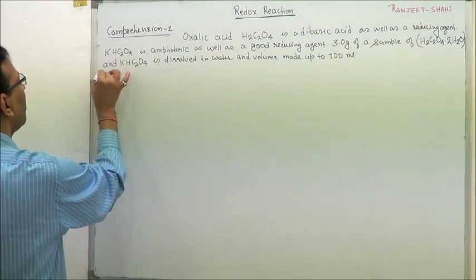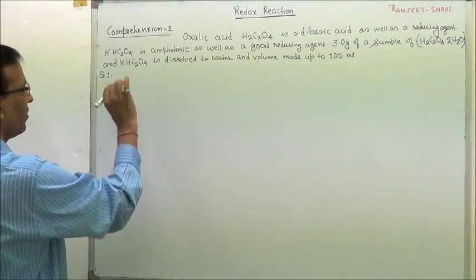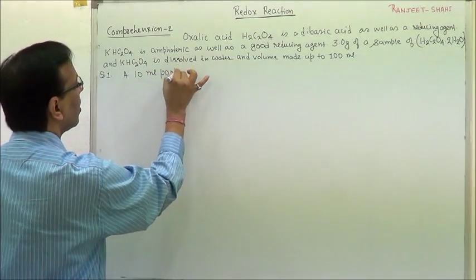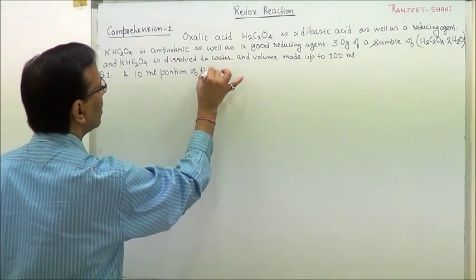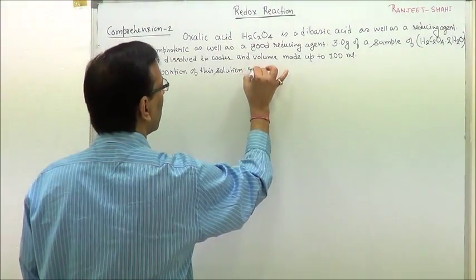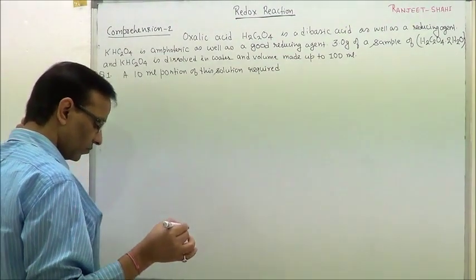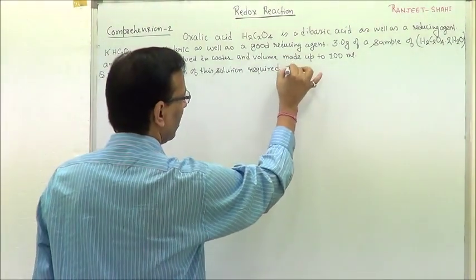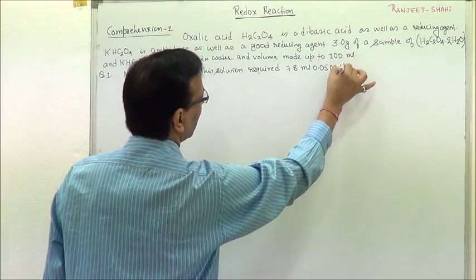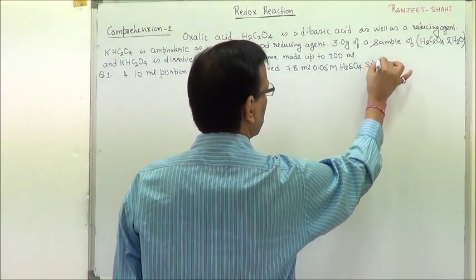The first question is, a 10 ml portion of this solution required 7.8 ml 0.05 molar H2SO4 solution.